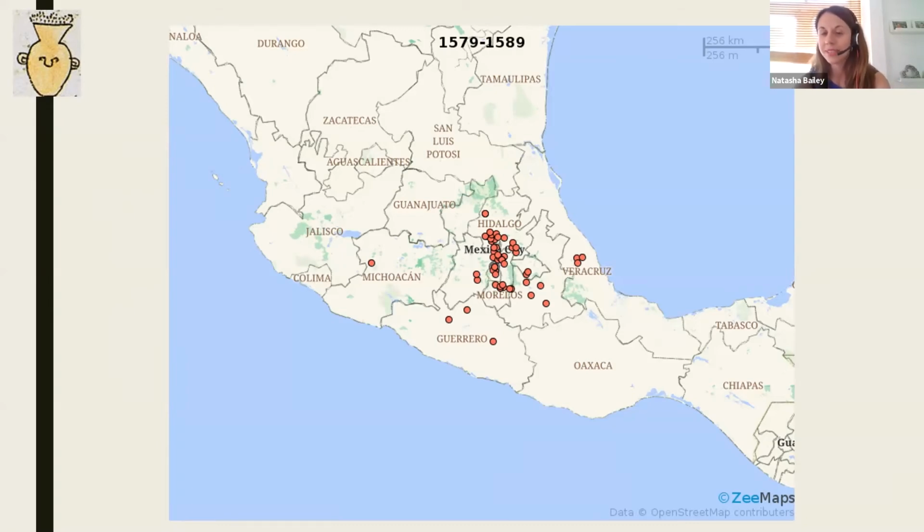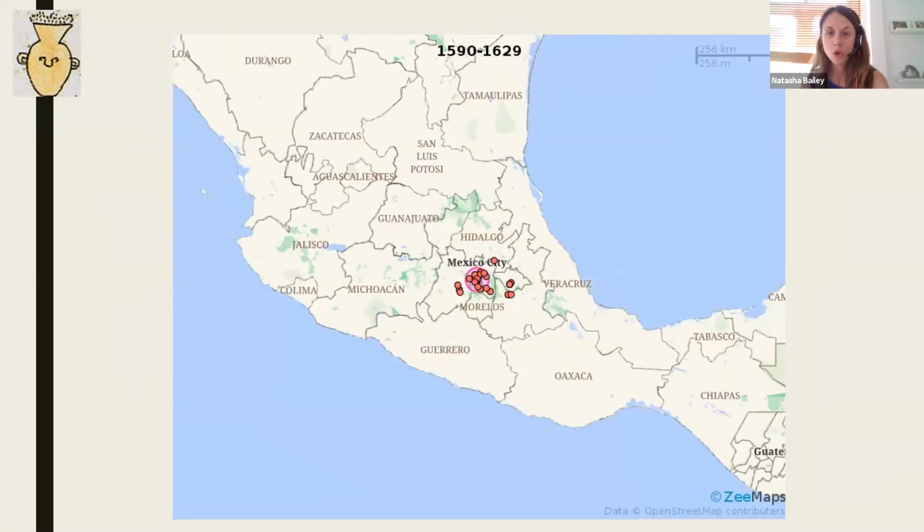In the 1570s and 80s, you have a little bit more of a wider spread. So there's maguey cultivation in Veracruz on the Caribbean coast and in Guerrero on the Pacific. That's not so much the case when we get into the late 1500s into the mid 17th century.